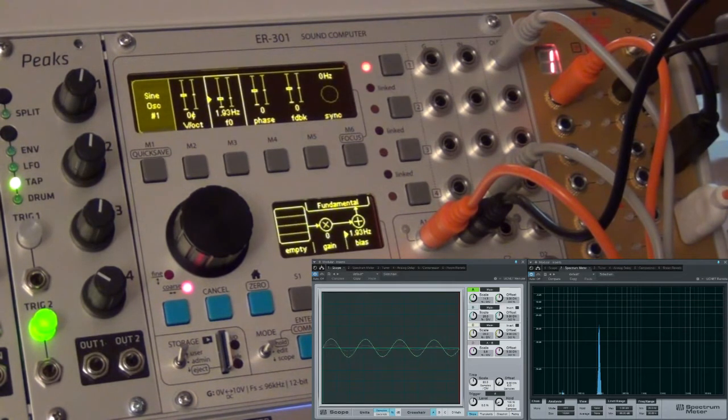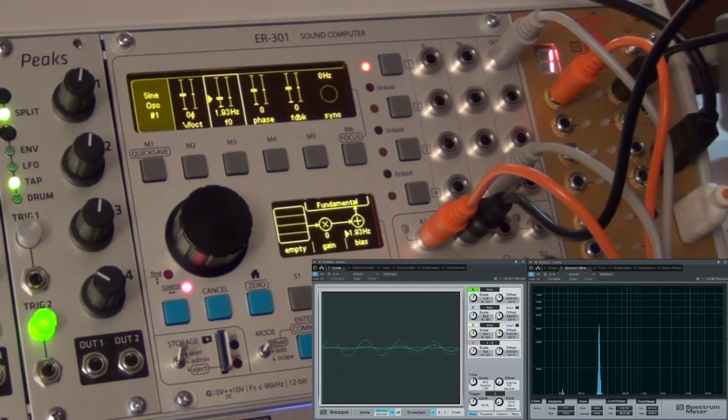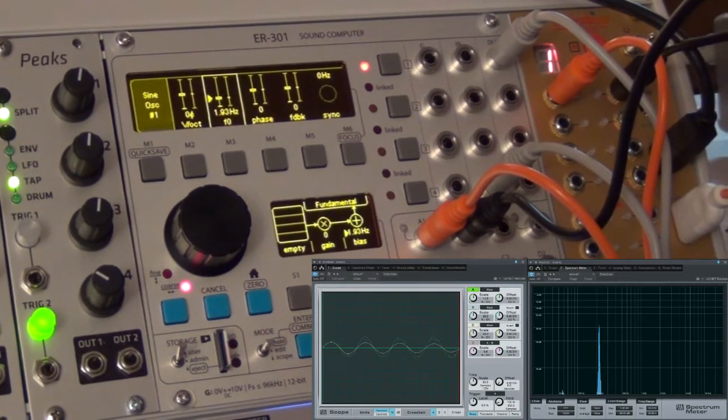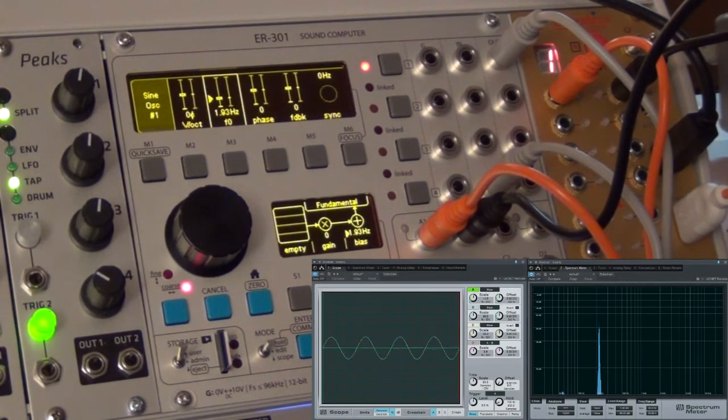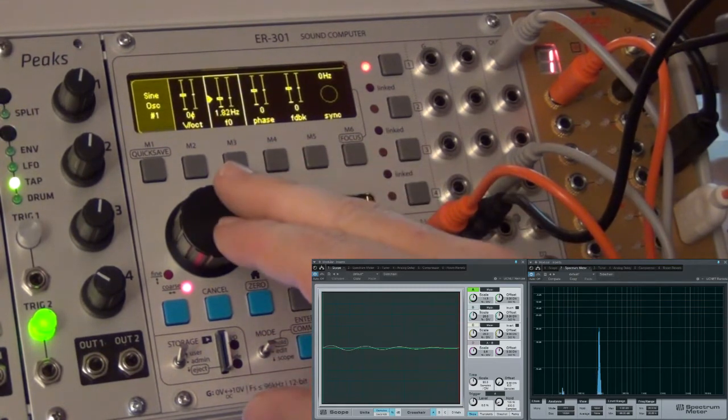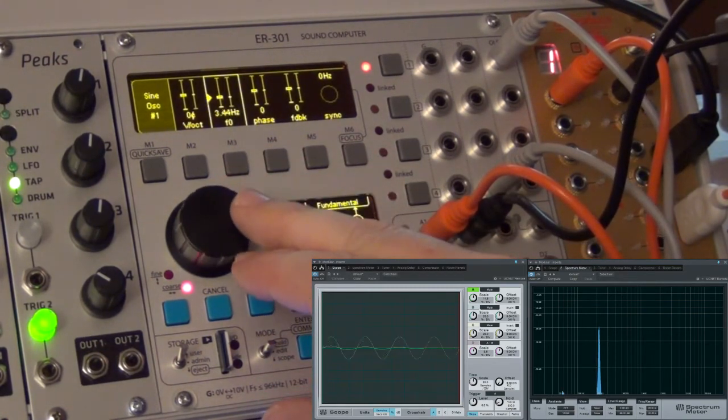So this is called ring mod, and the difference between ring mod and amplitude modulation is that you lose that carrier frequency. So back up with the volume again, and back up with the frequency of the modulator.